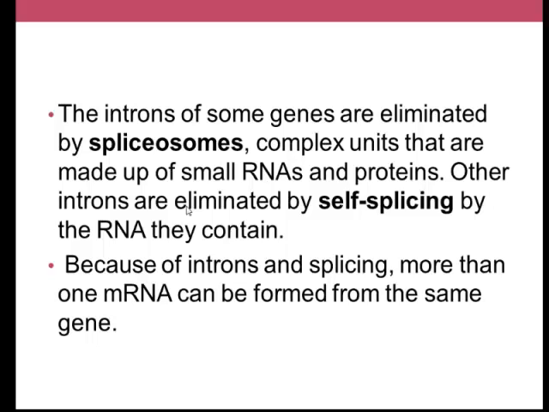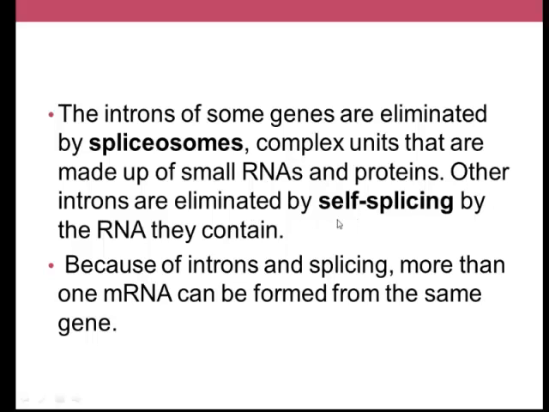The 3 mentioned types are the 3 main players of protein synthesis, but we have other forms of RNA inside the cell, and one of these forms is called small RNAs. Small RNAs in combination with certain proteins form another component in the cell called the spliceosome, and this spliceosome may eliminate the introns of some genes.